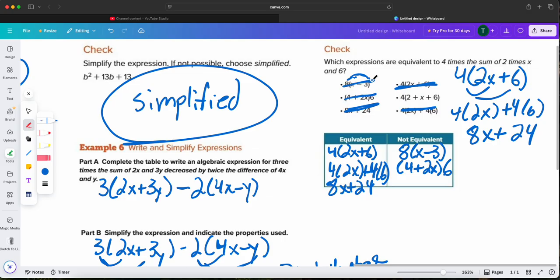So these two are out. And then this last one, if we distribute that 4, we'll get a 4x, which we don't have here. So this is also not equivalent. So that is it for the 1.4 notes.